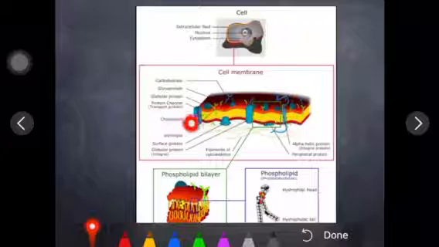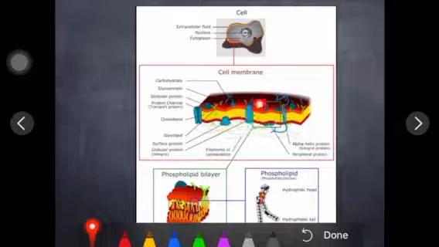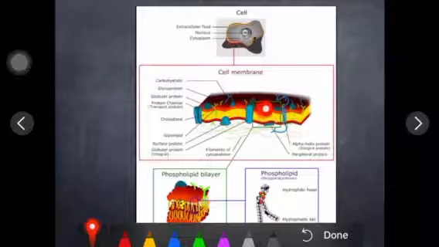The layers are made up of lipid, so we call them bilayer lipid. The bilayer lipid composes the cell membrane outline structure. In the bilayer, protein gets embedded on the surface and inside, right?